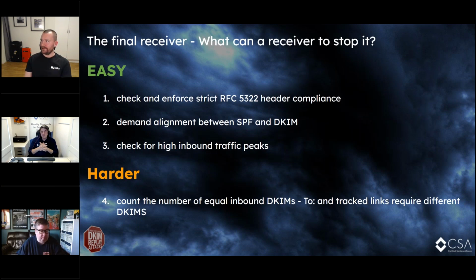I think the biggest part we see from mailbox providers is that by definition a replay attack will use the same DKIM signature for every message, and this is where you have to fine tune it depending on how many mailboxes you serve. But if you are a reasonably sized ISP and you see a peak in one specific DKIM signature, hey, I got 200 messages that were exactly the same, there's probably something going on there.